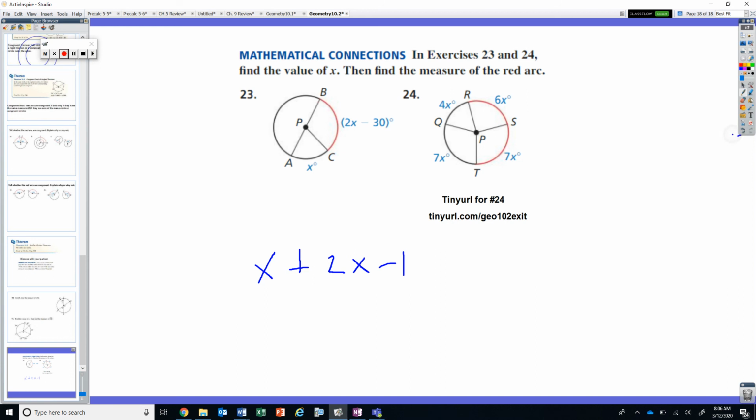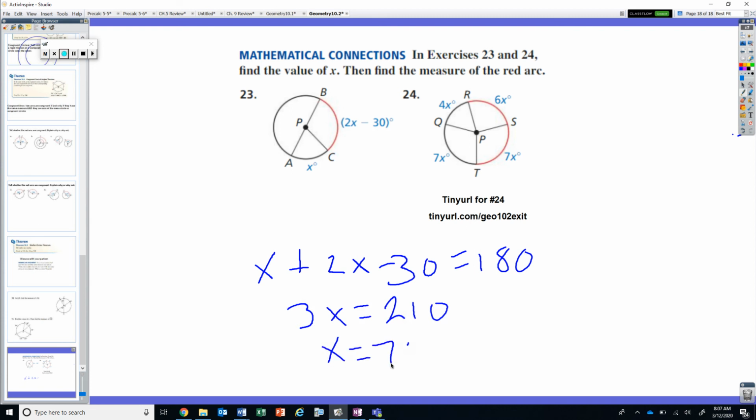So x plus 2x minus 30 equals 180 degrees. You get 3x equals 210. Therefore, x has a measure of 70.